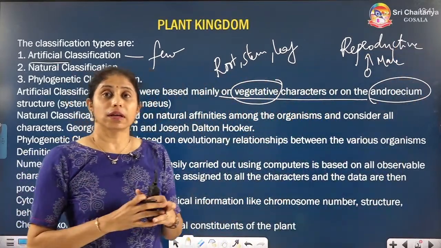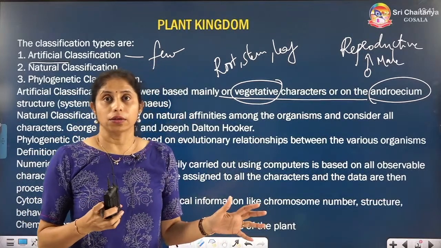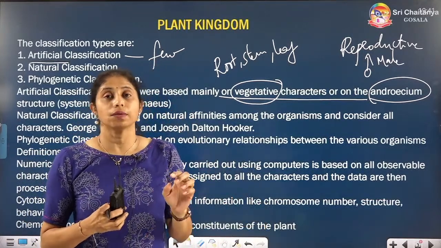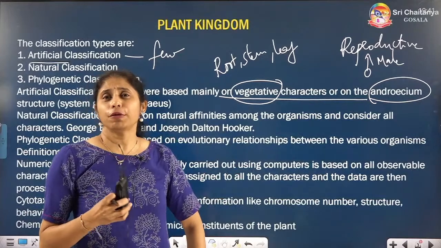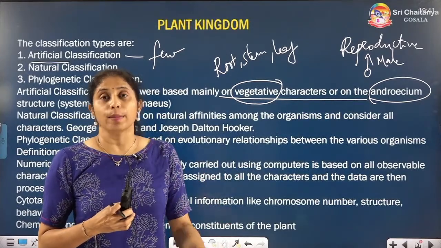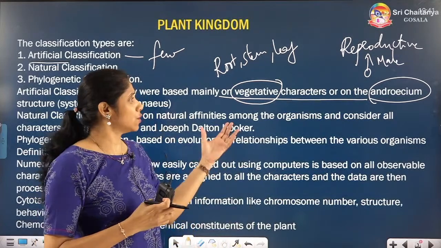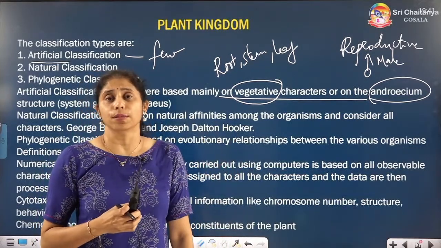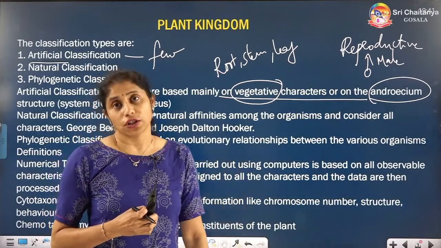So the artificial system gave equal weightage to both. But you have to keep in mind that vegetative characters can be influenced by the environment, so the system does not have that much significance because characters can be changed.